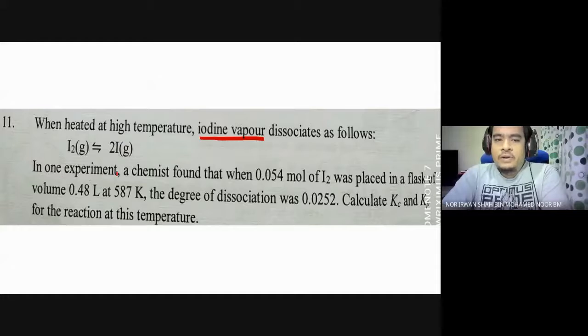In one experiment, a chemist found that 0.054 moles of this iodine vapor was placed in a flask of volume 0.48 liters at a temperature of 587 Kelvin. The degree of dissociation was 0.252.